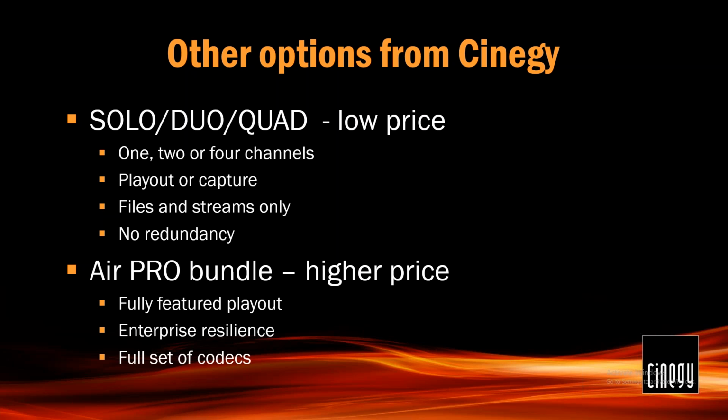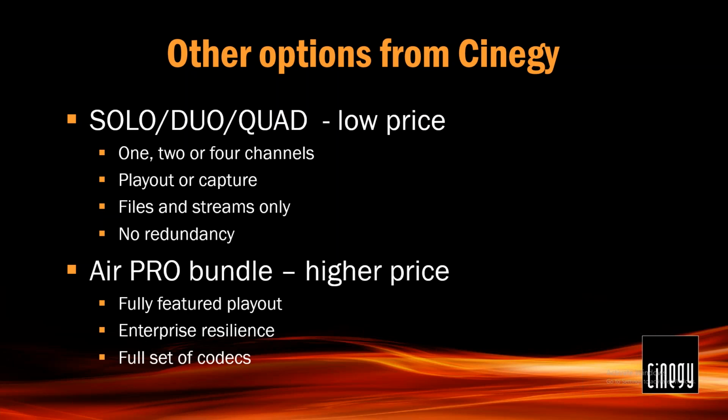On the other hand, if you're going to go for the full approach, the proper approach, as it were, then that would be our AirPro bundle, which costs about the same as the TV PAC, but it comes with a few extra bits and pieces.